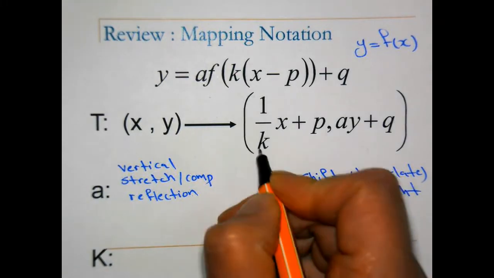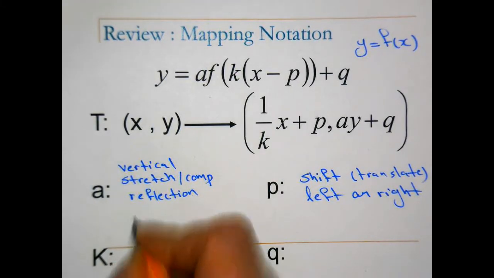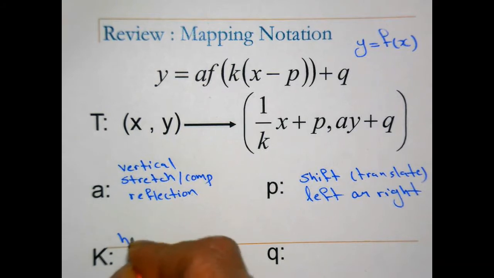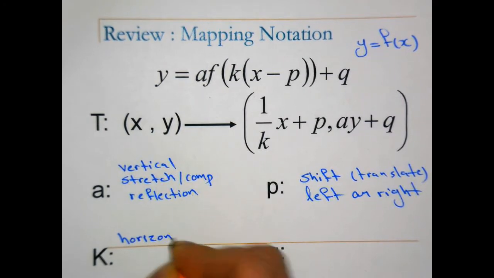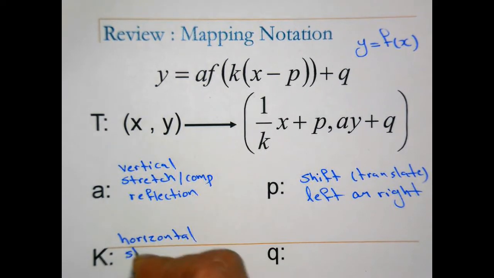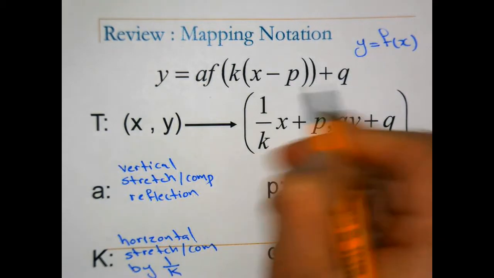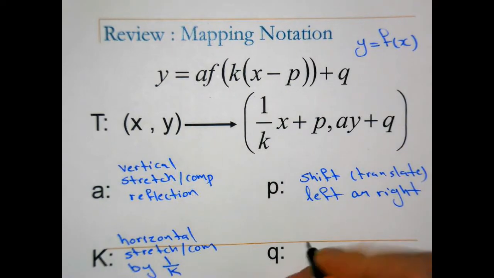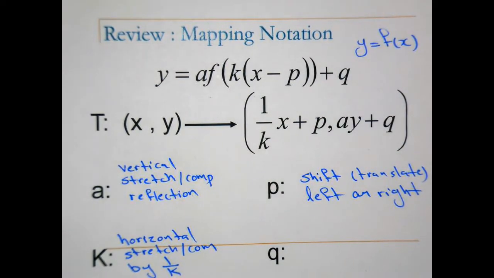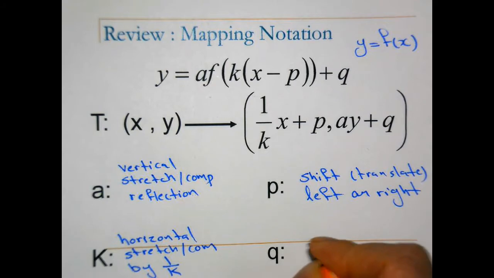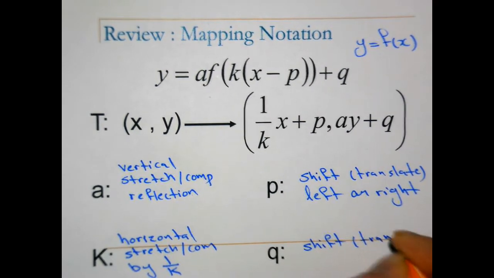Then we have the k value, which was a horizontal stretch or compression. However, it was by the factor 1 over k. And the q value which we had here was actually the value which was the shift or translation up or down.